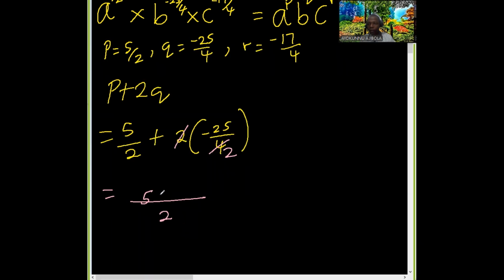Then we have 5 minus 25, okay? Is that clear? Then we have minus 20 over 2. And the answer is minus 10. Is this clear? Yes, it's good.